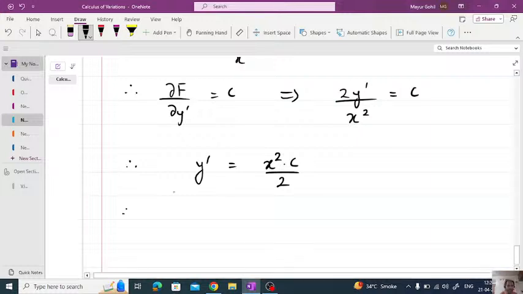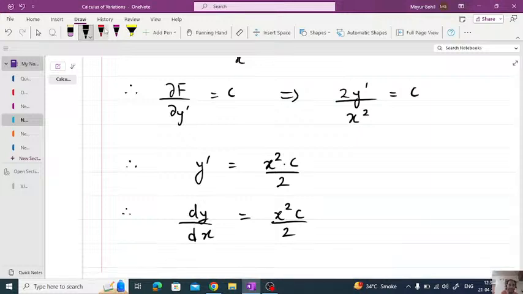So let's say here you have dy by dx. At this step, y dash is equal to dy by dx.